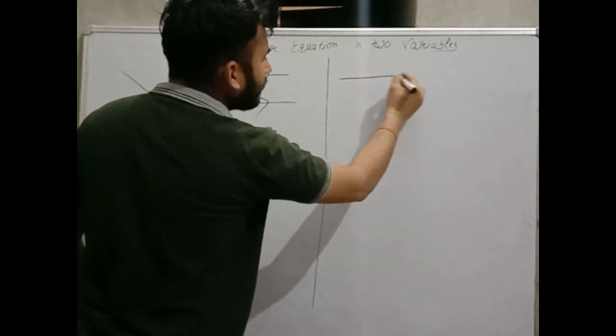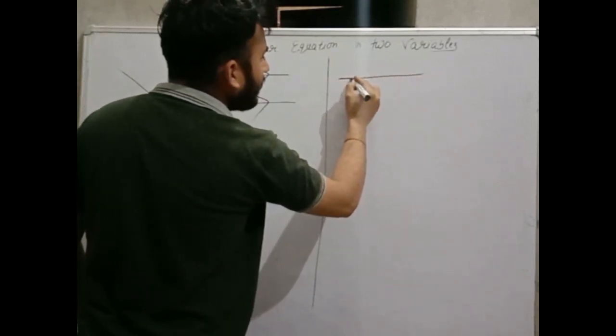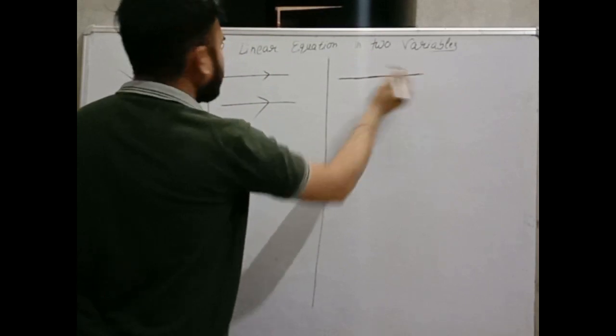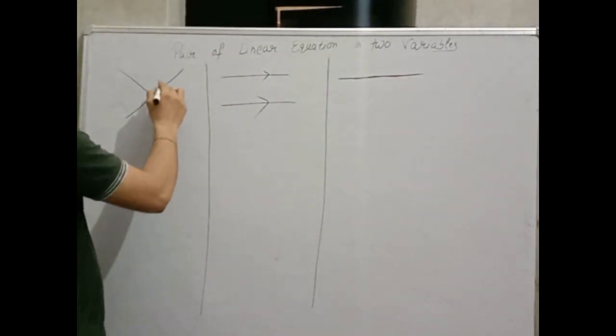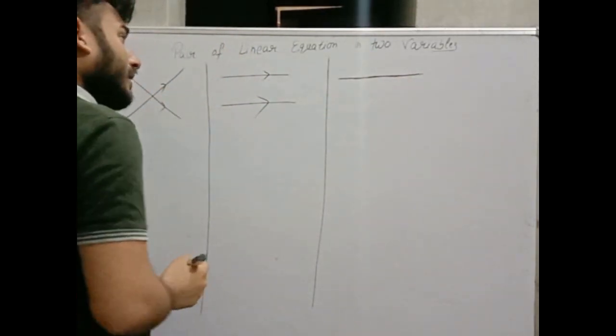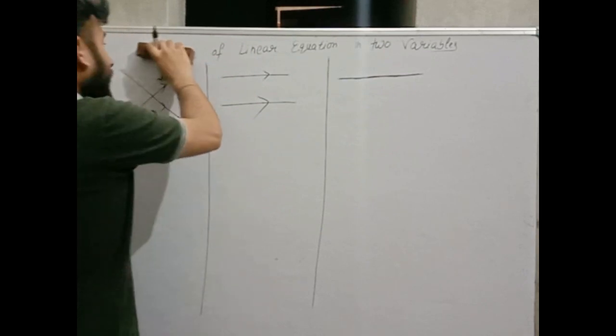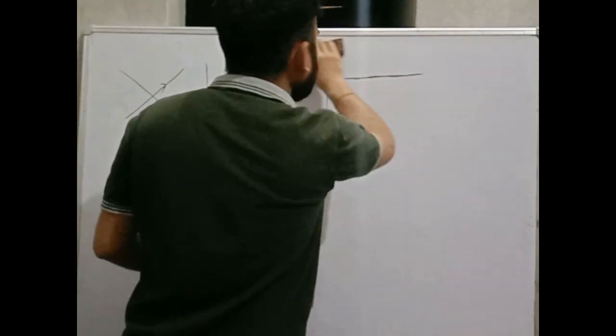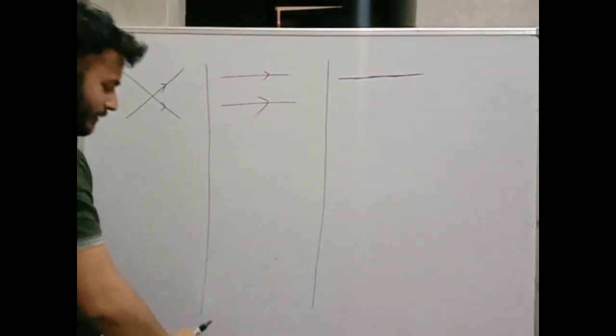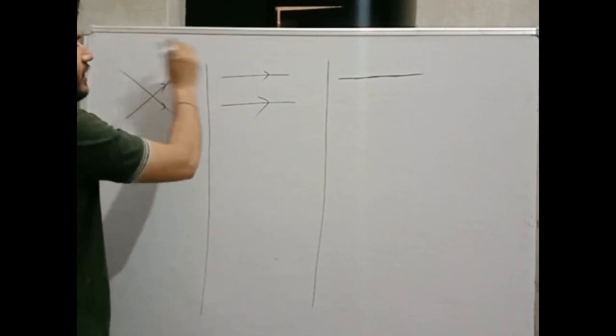If this is the first, then the second line will coincide with this. Let's discuss the conditions of these 3 types of lines by considering the general equations.